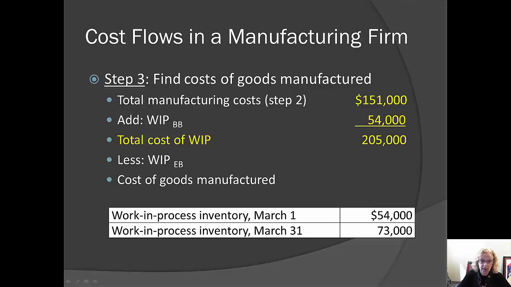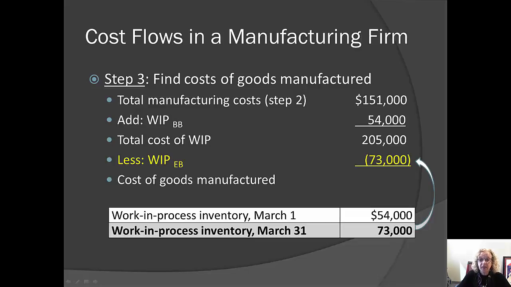We know it didn't all get finished, and the reason we know that is that at the end of the period, we have $73,000 of work in process ending balance for March. That is, units that we started in March but didn't finish by the end of March. We'll finish them next month, but they're not finished yet.